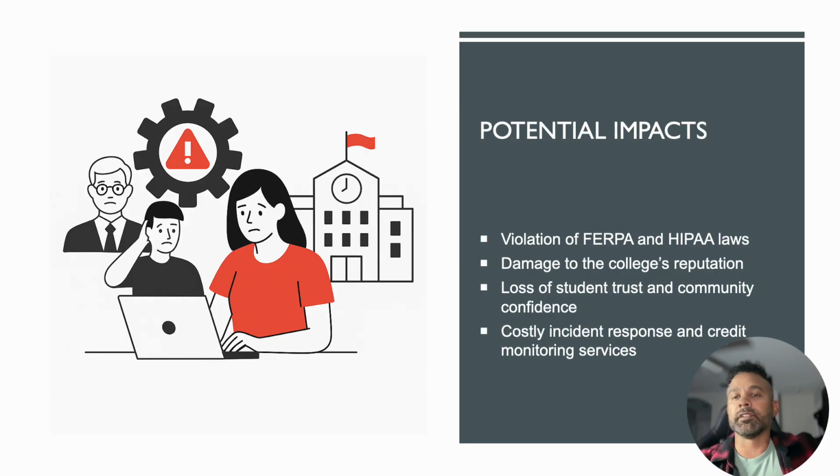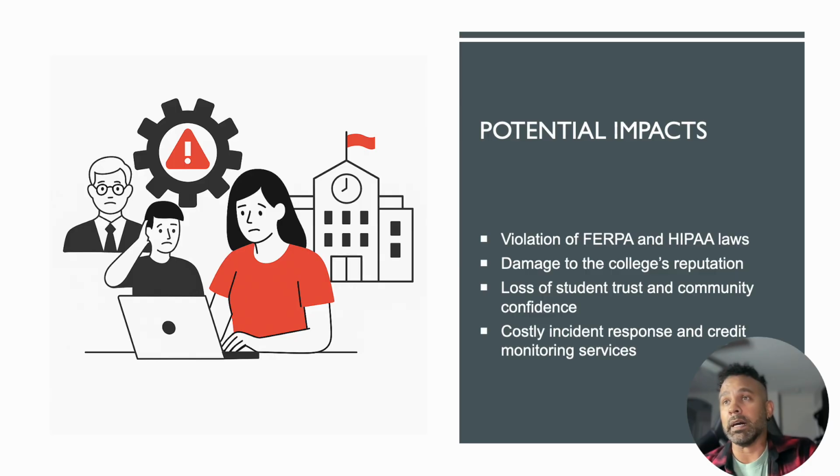There's always collateral damage in these cases, and these are the potential impacts. There was a violation of the FERPA and HIPAA laws, which is really bad. These bring financial and reputational damage. Compliance with federal laws is mandatory. It's not an option, and a single oversight can have serious legal consequences, like in this case.